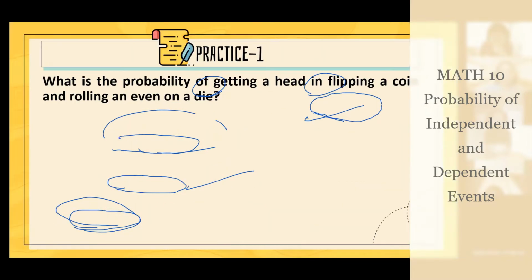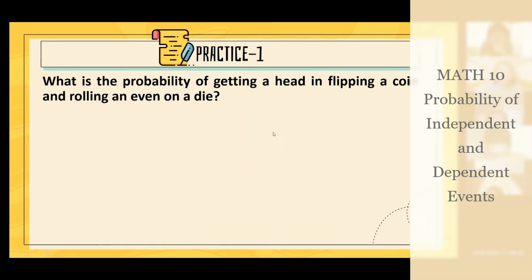Next. Okay, answer this. What is the probability of getting a head in flipping a coin and rolling an even number on a die?